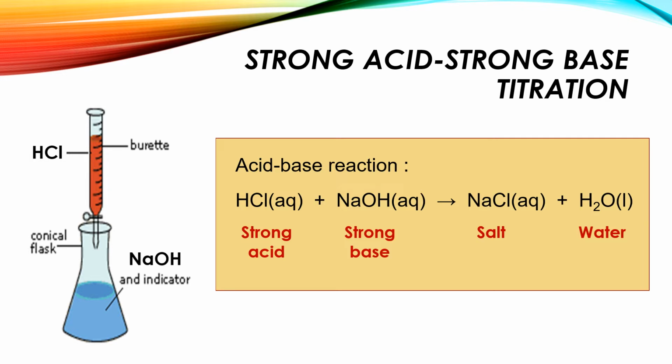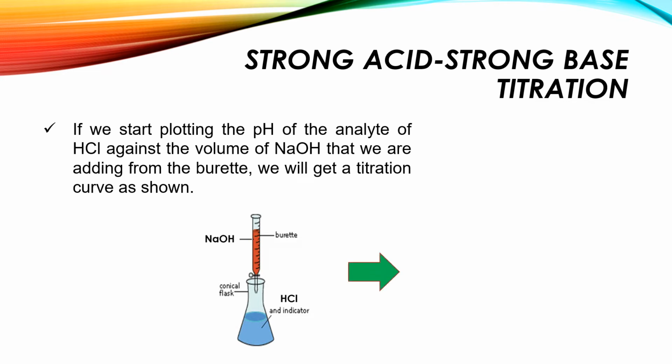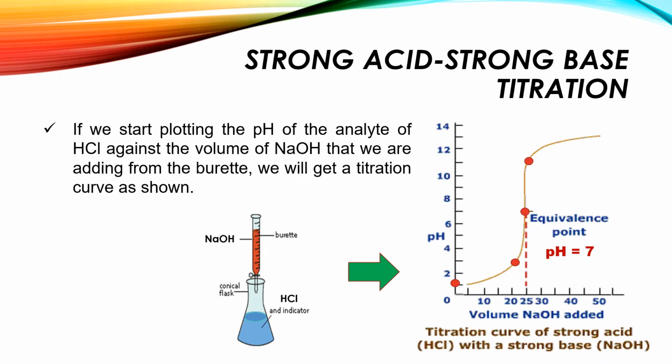Hydrochloric acid reacts with sodium hydroxide to produce sodium chloride salt and water. If we plot the pH of the hydrochloric acid analyte against the volume of sodium hydroxide that we add from the burette, we will get a titration curve as shown.